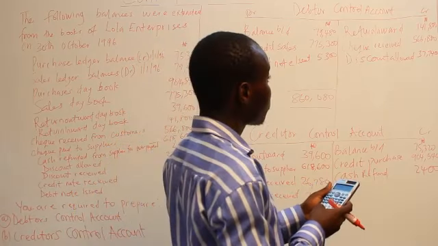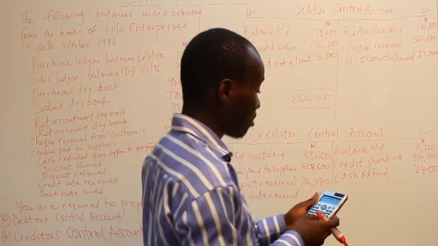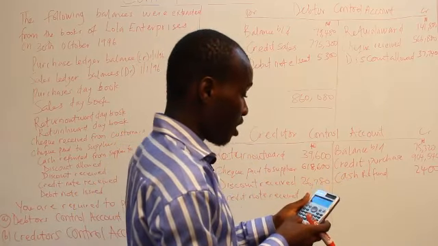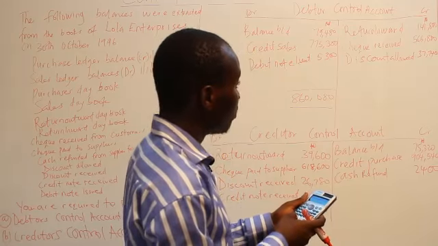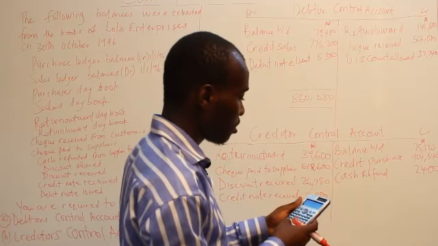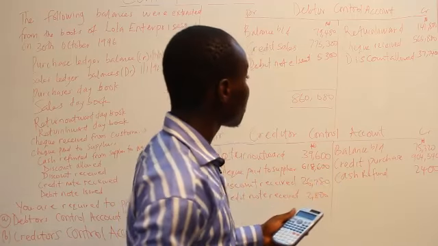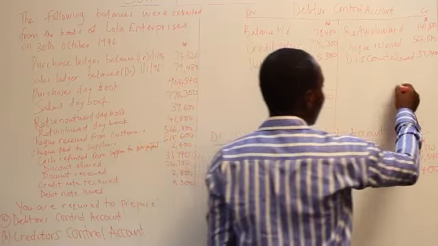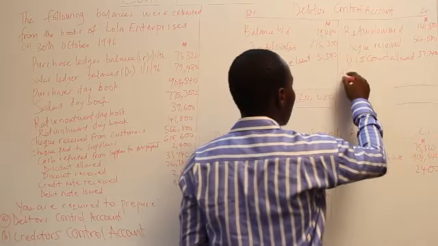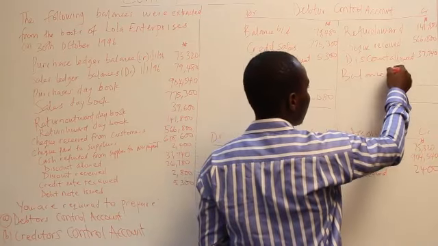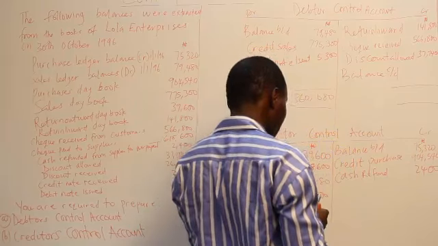So we can add the credit side also. 141,800 plus 566,800 plus 37,740, and that gives us 746,340. So we can find the difference. That's the balance carried down. So we can balance our accounts.